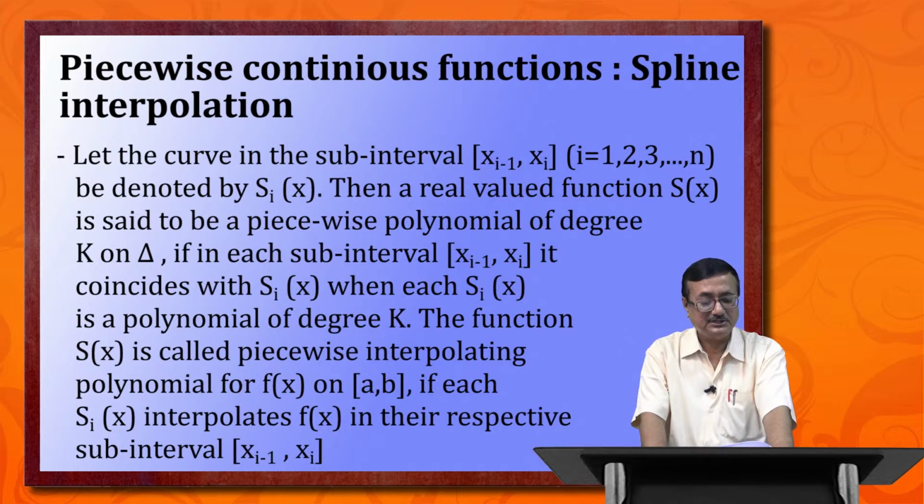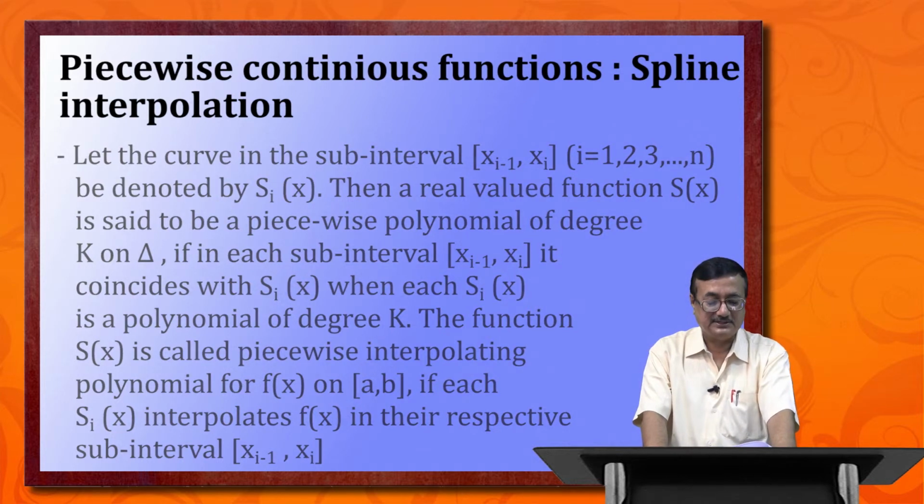The function S(x) is called the piecewise interpolating polynomial for f(x) on [a, b] if each S_i interpolates f(x) in their respective subintervals x_{i-1} to x_i.